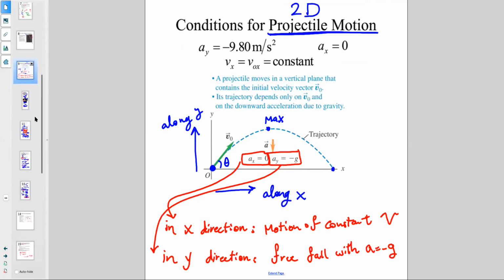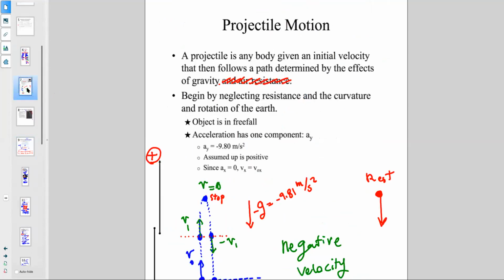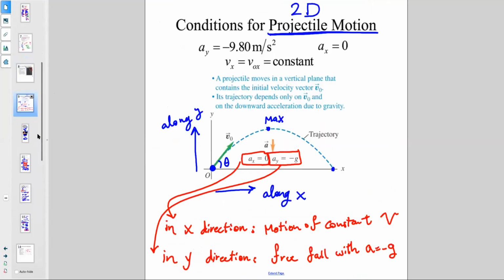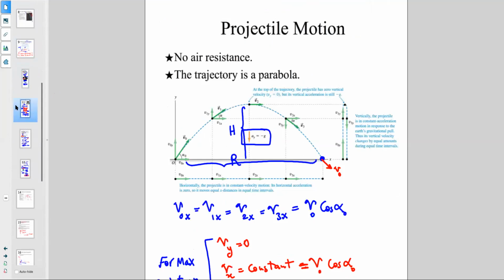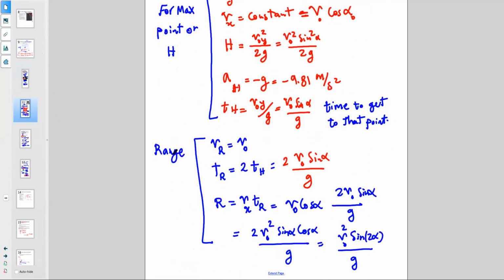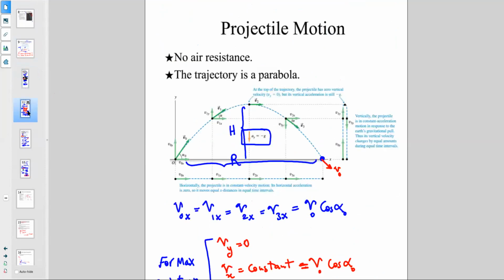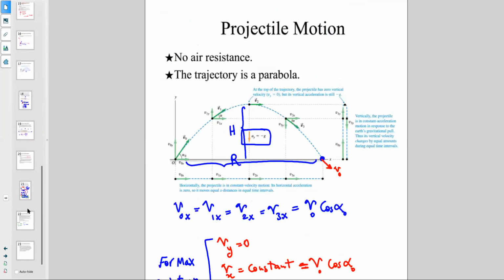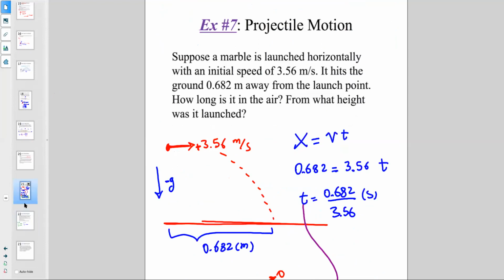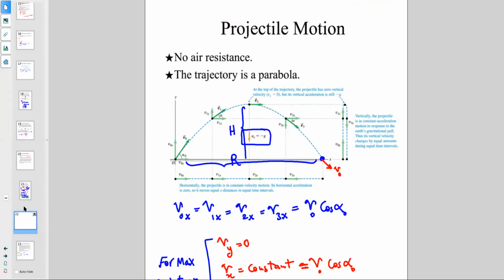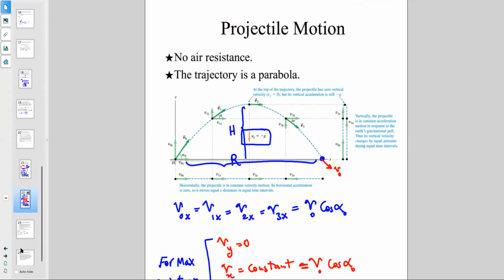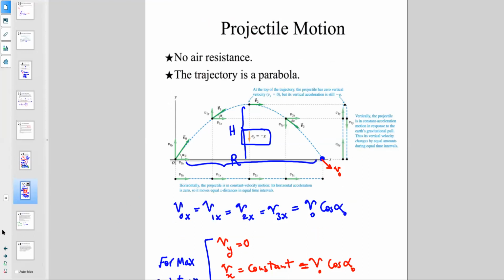Okay, maybe I can just copy that. Yeah, so I can copy this and bring it right down there, just because I want to use those formulas again.